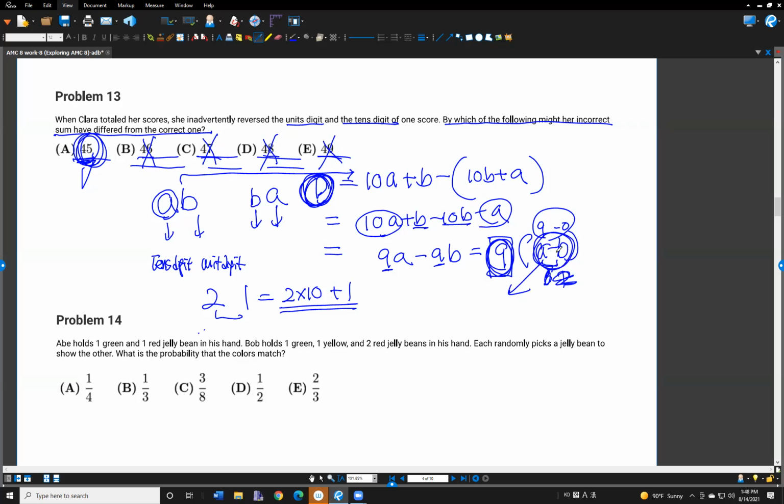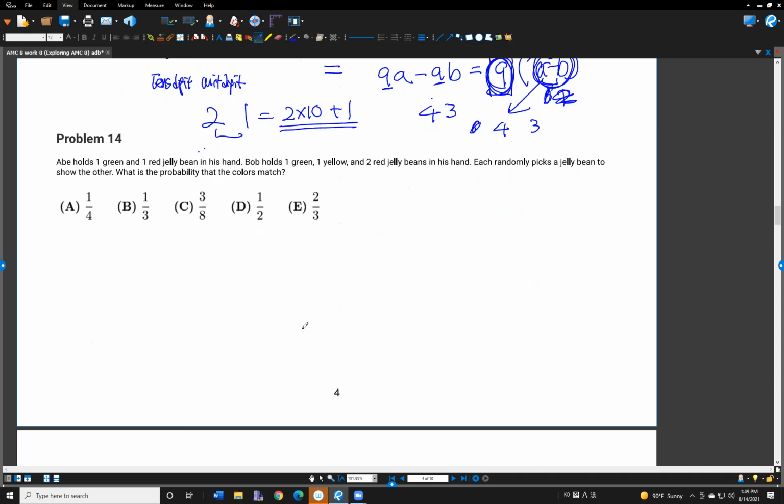Maybe the digit difference is 1. Maybe A is one more than B. So 43. It's okay. A is 4, B is 1. A is 4, B is 3. That's possible. Okay. But out of this choice, we're going to pass. The only possible answer is 45.